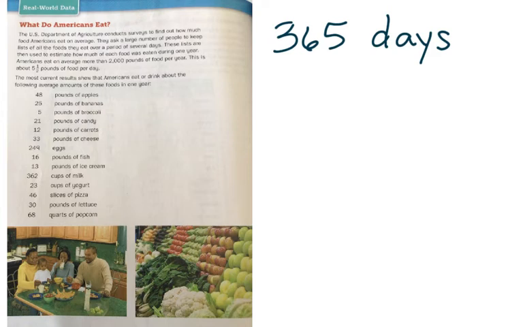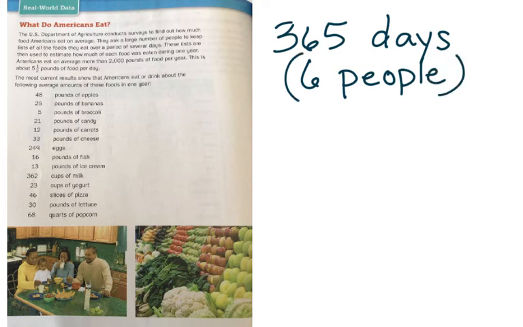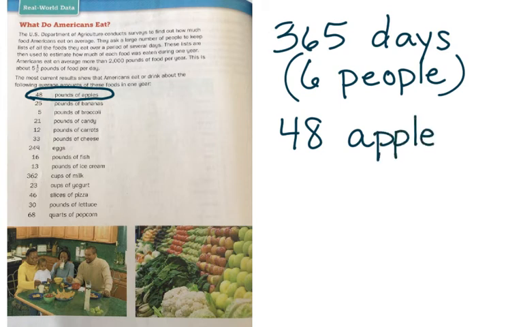The most current results show that Americans eat or drink about the following average amounts of these foods in 1 year. So for example, if I were to figure out my family of 6 people, that includes my daughter-in-law now, I would just estimate if I found out about how many pounds of apples we eat in a year, I would take the 48 apples that each person on average eats.